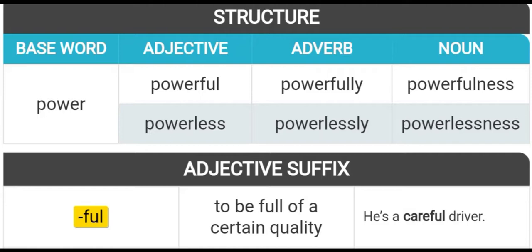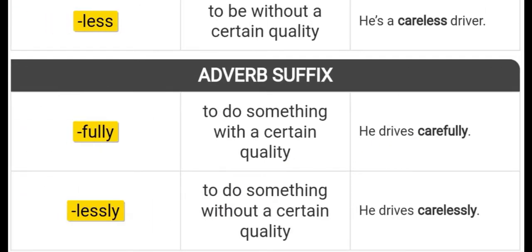For example, he is a careful driver, meaning he has a certain quality with him. Similarly, next one, if we add less, it means to be without a certain quality. Full means with a certain quality and less means without a certain quality. For example, he is a careless driver.